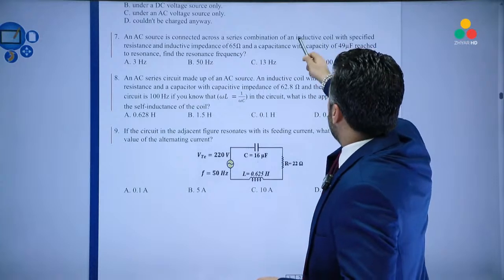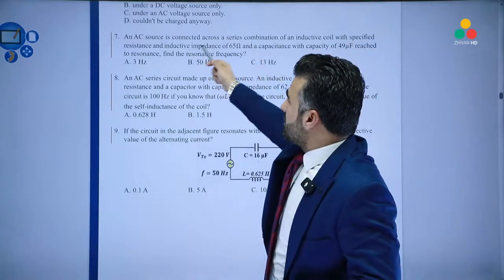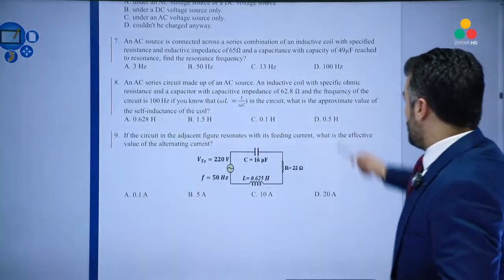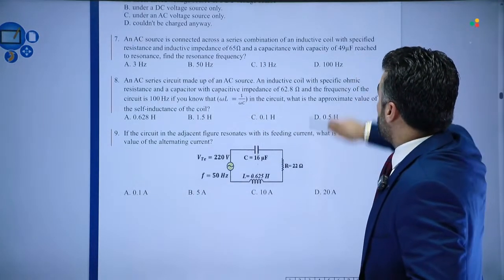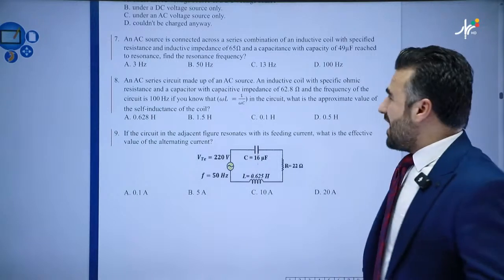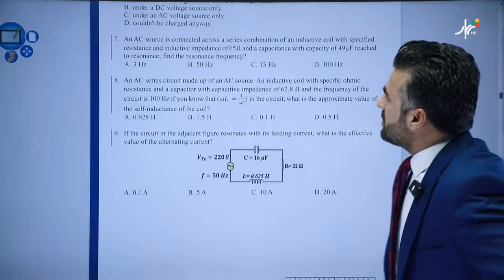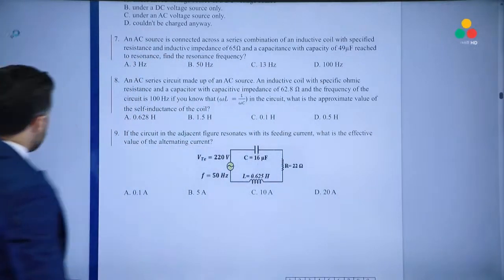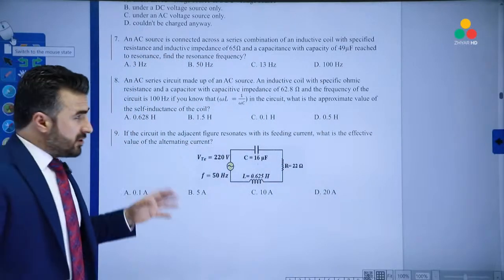It says the inductive impedance is basically 65 ohms. And of course you have 49 microfarad. So at resonance, find the resonance frequency here. So how would you find this one? Remember this? I want you to be careful with this one right here.